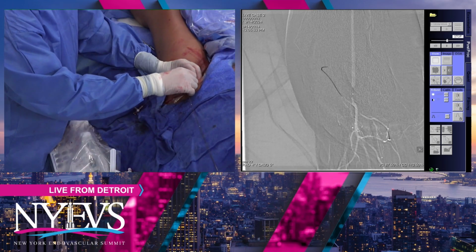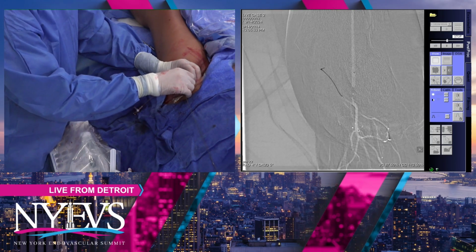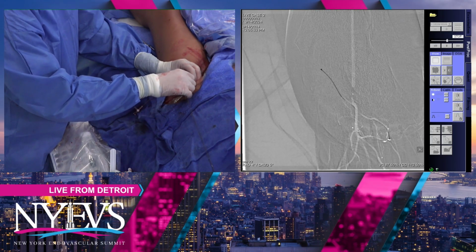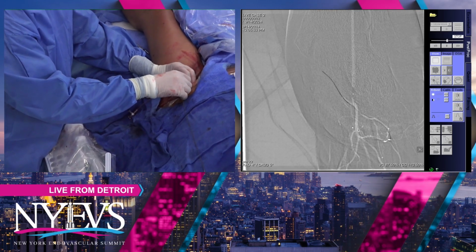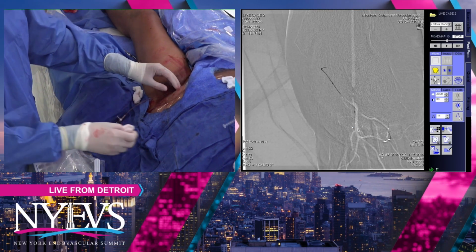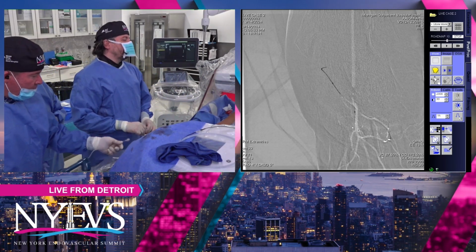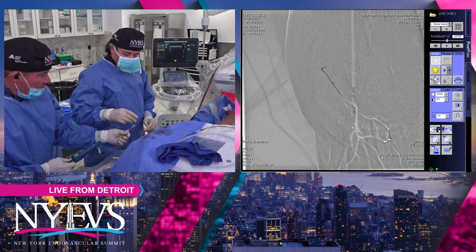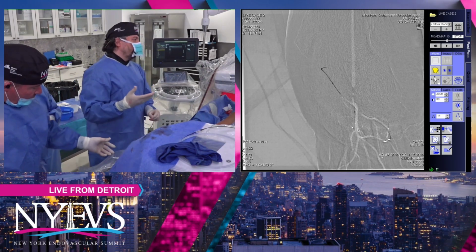Really depends on the location of the ulcer. There's a lot of work that's been done in terms of pedal loop reconstruction, and the reality is it's not an all or nothing rule. Essentially, if you're able to achieve a complete pedal loop, your healing rates, depending on which trial you look at, are 70, 80%.